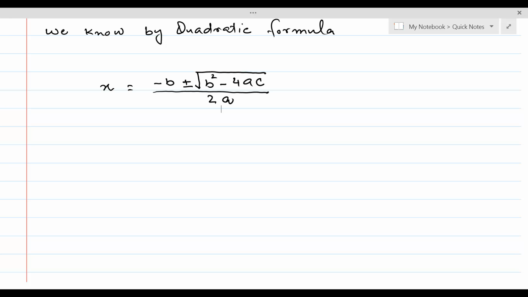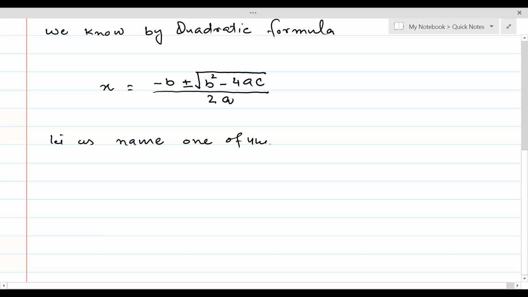Let us name one of the two values of x as alpha and the other as beta.